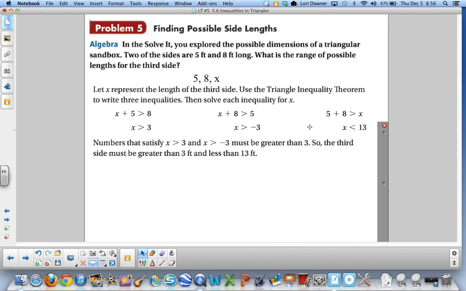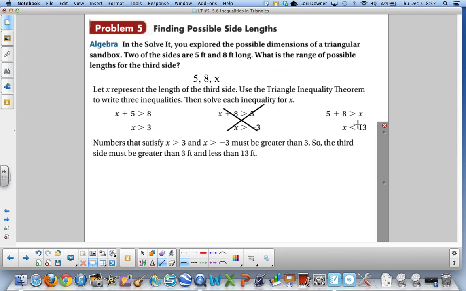Now these three scenarios have to all be true in order for us to get our range of possible values. So x has to be greater than 3 and x has to be greater than negative 3. So we can see that x being greater than 3 takes care of x being greater than negative 3, so we really don't even need to pay attention to that one.